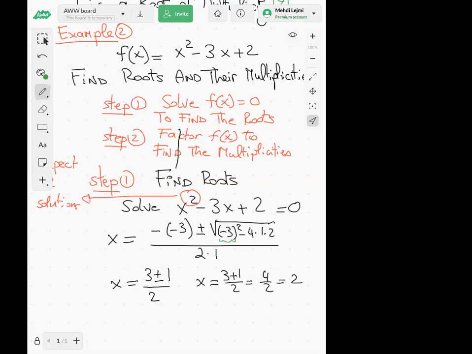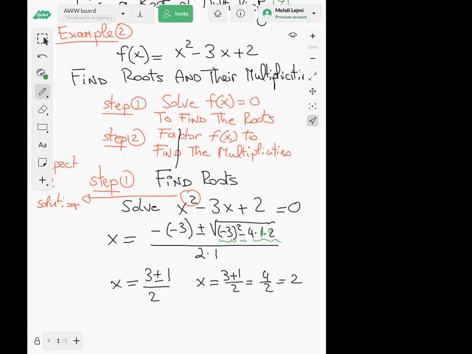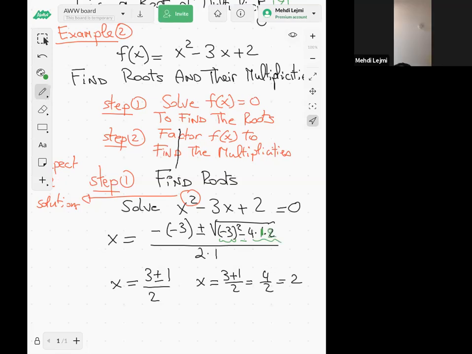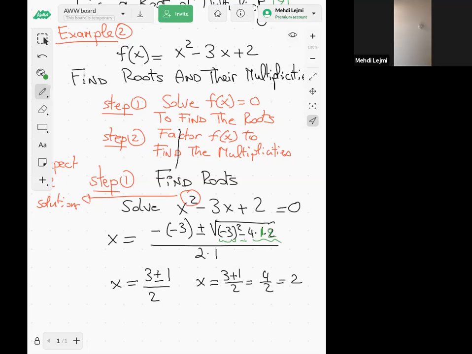Right? And then 9 minus 8: 4 times 1 times 2, right? So it's 9 minus 8. You know what I did? I did 9 minus 4, and I got 5. Well, you forgot the times 1. Okay, but I guess they forgot the c, right? The c is 2.